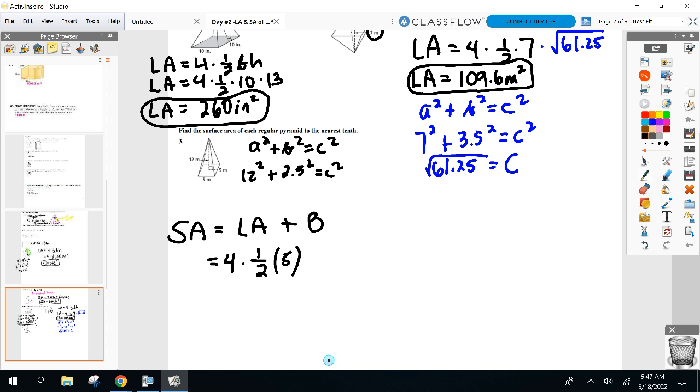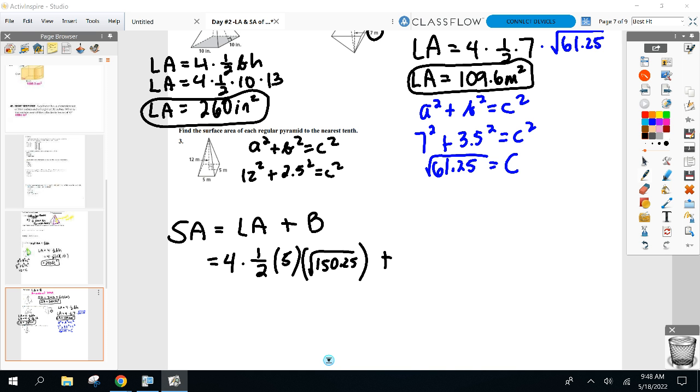I don't think you're going to get a decent number here either. What are you guys getting? Square root of 150.25. And now, because I'm asking surface area, add in the base.